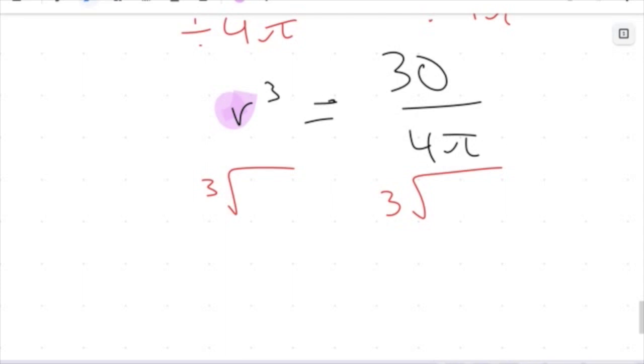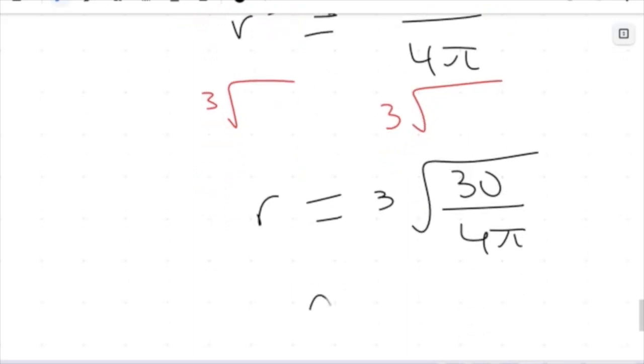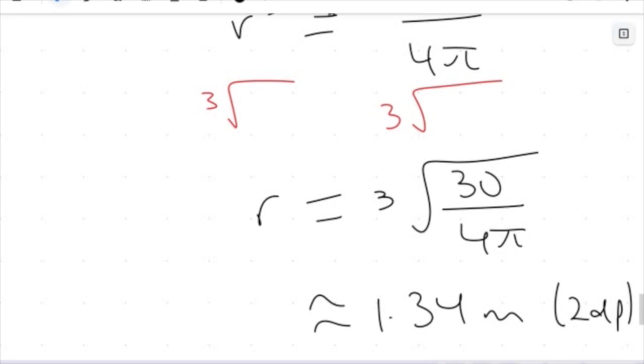What times by itself once and then another time gives me r cubed. That's the essence of rooting numbers. So if I do that, I get r on its own, and I get the cube root of 30 over 4 pi. And that gives me a radius of approximately 1.34 meters, correct to 2 decimal places.